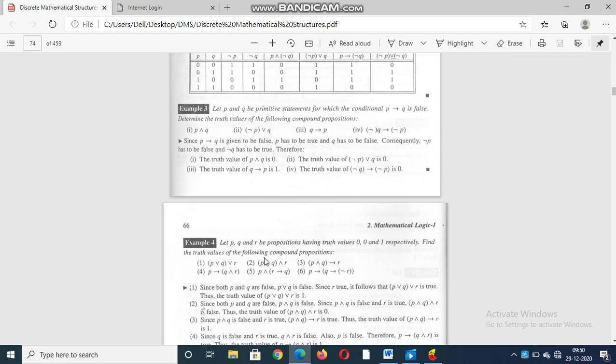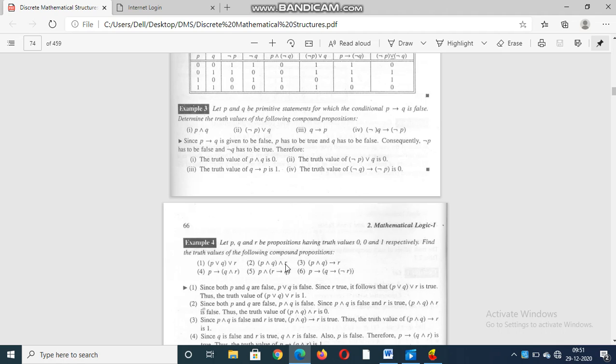The second question, P conjunction Q conjunction R. If you go for this problem, since both P and Q are false, this is 0 and this is also 0. When it comes to conjunction, 0 and 0, the output is definitely 0. 0 conjunction R, then the output is definitely 0.